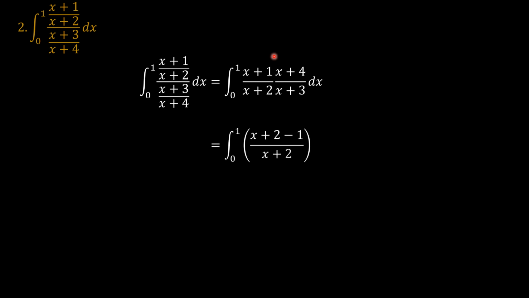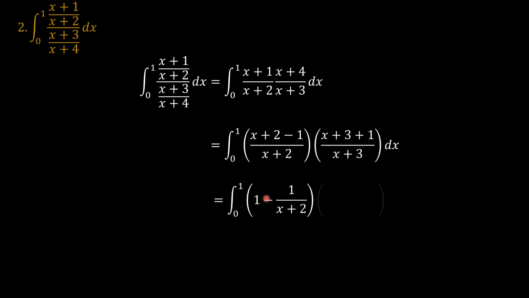The next thing is to express x plus 1 in terms of x plus 2, which is x plus 2 minus 1 over x plus 2. And then x plus 4 also could be expressed in terms of x plus 3 in the denominator, which is x plus 3 plus 1. That now becomes the integral of 1 minus 1 over x plus 2 times 1 plus 1 over x plus 3.